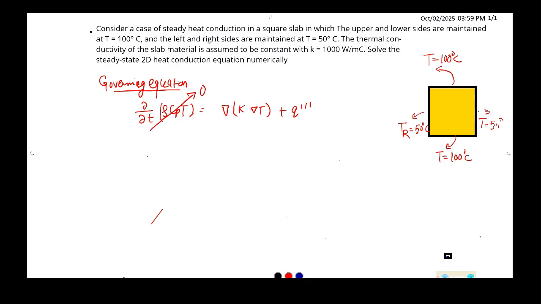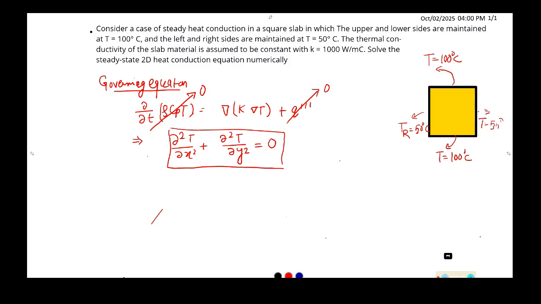Since we are taking steady heat, the left side will be 0, and no heat generation, therefore that will also be 0. Therefore, this can be written as ∂²T/∂x² plus ∂²T/∂y² equals 0. So it is a two-dimensional partial differential equation. Now we have to solve this analytically.